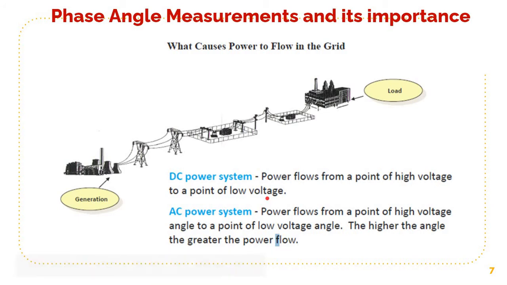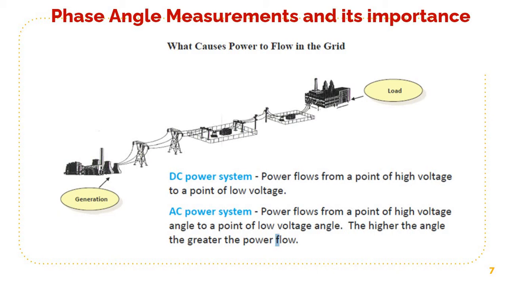Before going to PMU, let us understand the importance of phase angle measurements. What causes power to flow in the grid? In a DC power system, power flows from a point of high voltage to a point of low voltage.